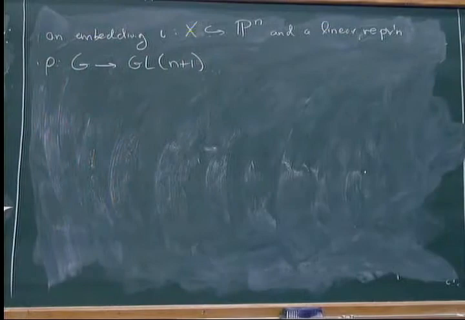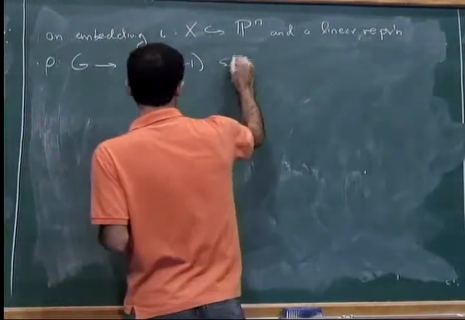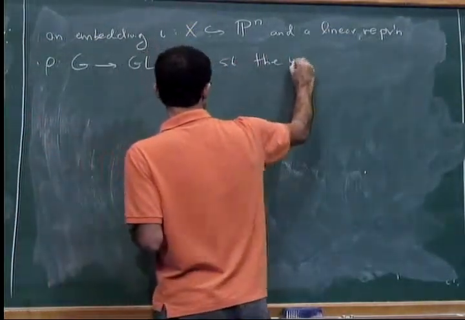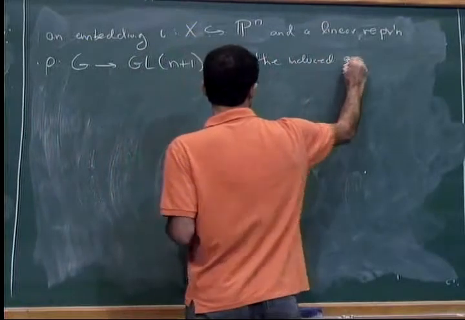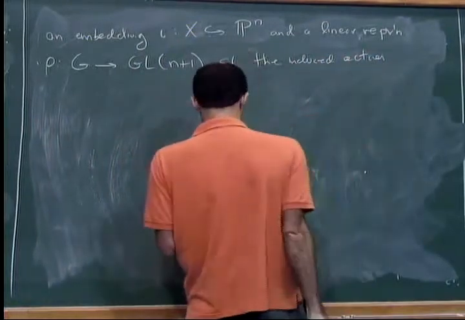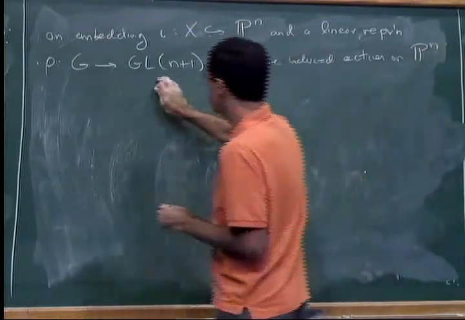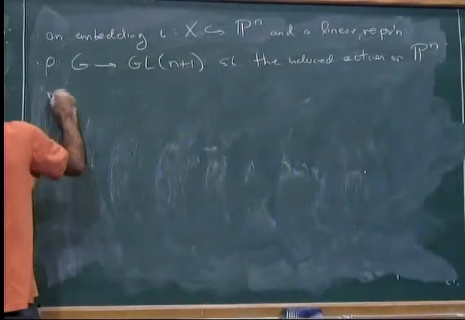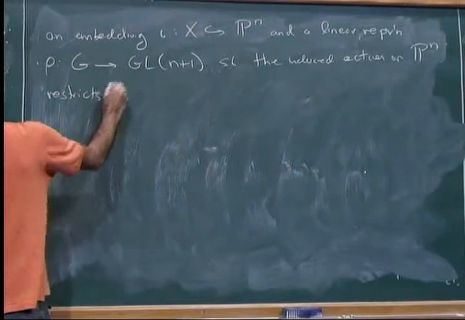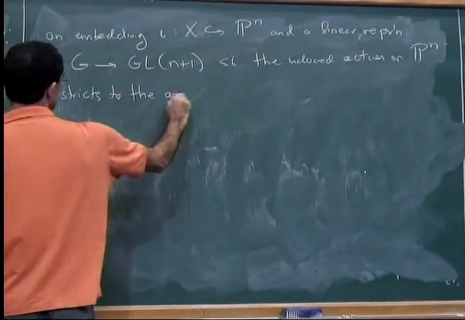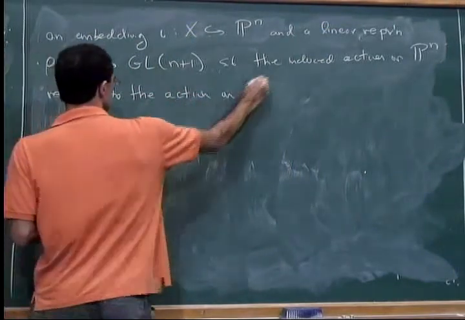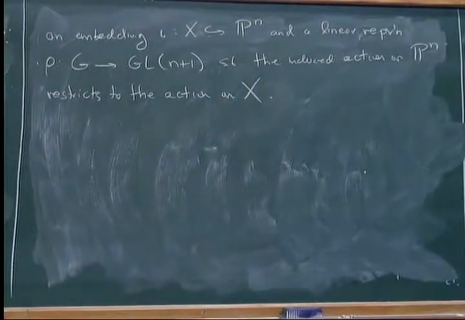So it gives you an action on projective space such that the induced action on P^n, given by this representation, restricts to the action on X. So what we had before as a result, as a proposition, now we have as a definition.